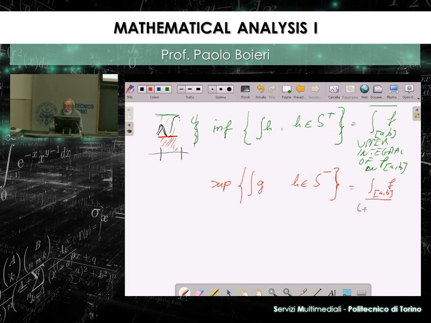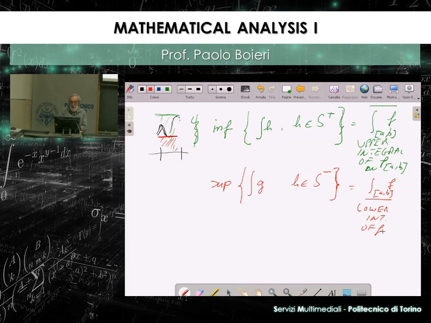And this will be called the lower integral of f. Okay? Then, all the possible step functions above, I compute the integrals, and I take the inf of this. Then, from below, I take the sup of this, and now what happens?